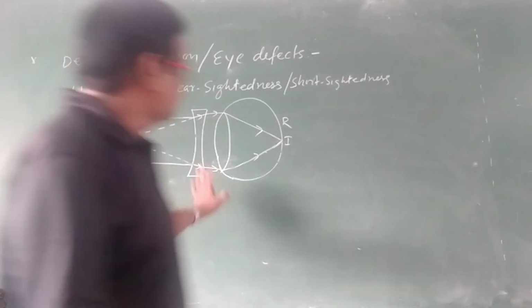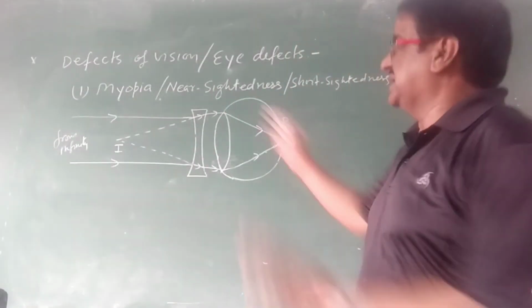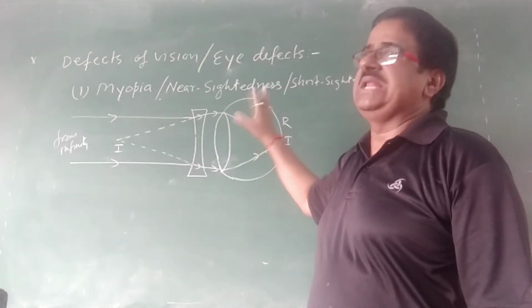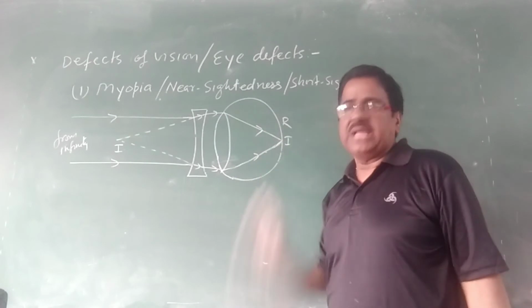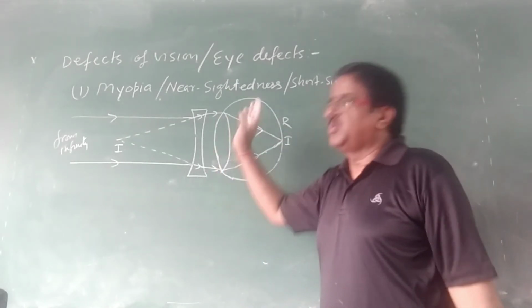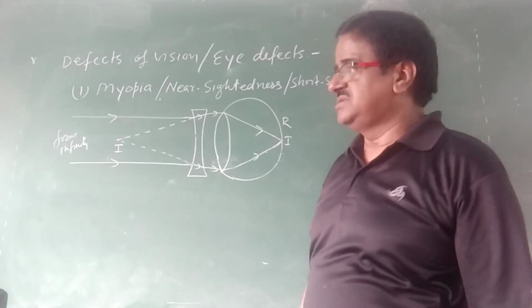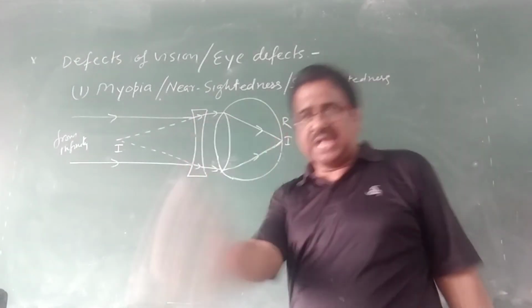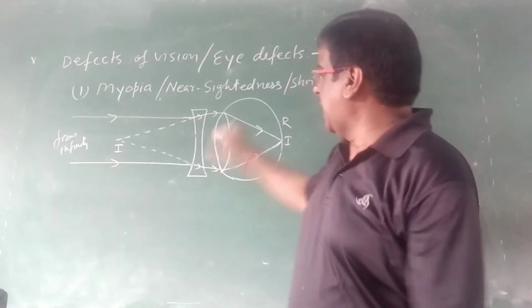Now let us explain it. The object is at infinity, which is not clearly seen by the myopic eye. So you have to correct it by placing a diverging lens of suitable power and focal length in front of our eyes. What will happen?